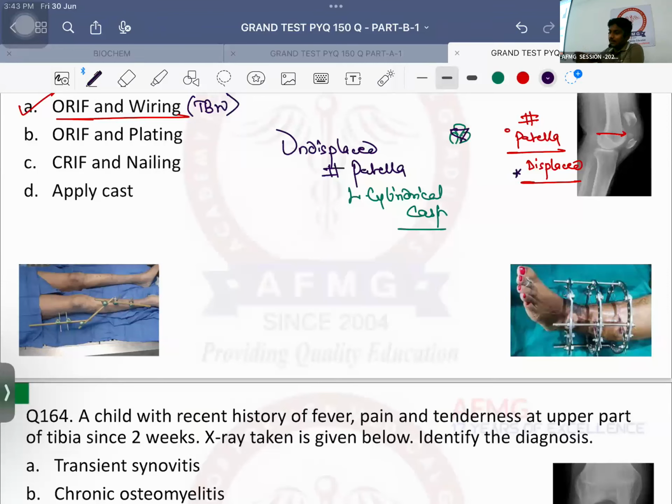Give it time. That's it. In undisplaced fractures we don't go for surgeries unless there are high chances of non-union or malunion. Okay? So that's the basic idea.